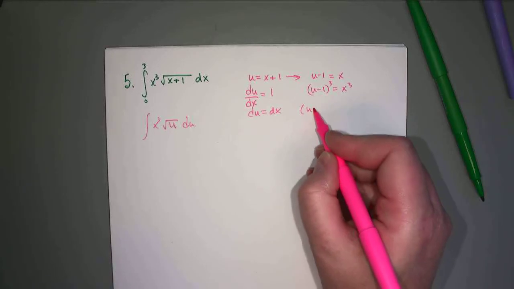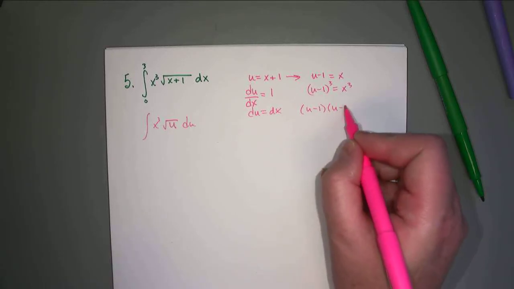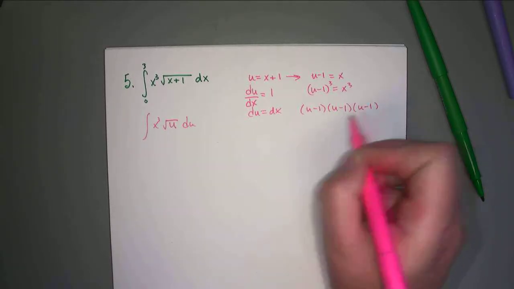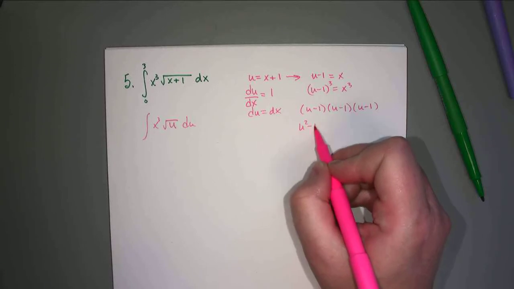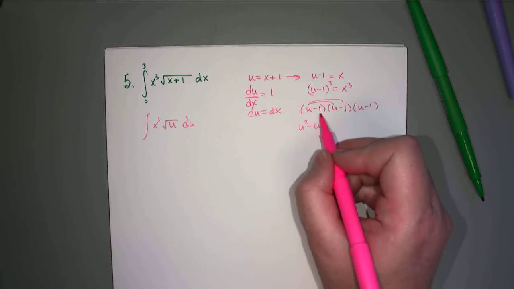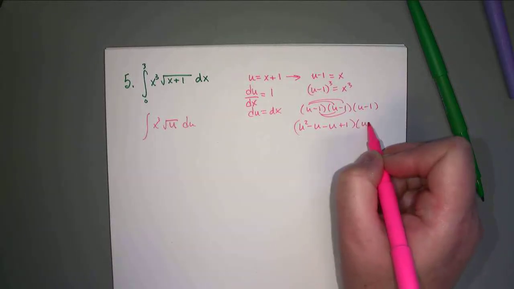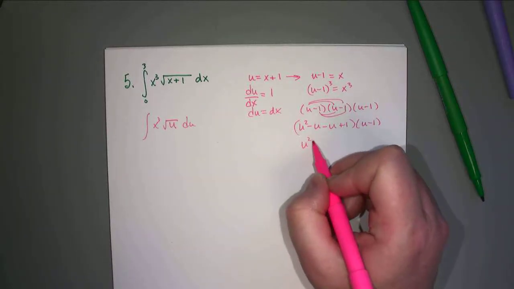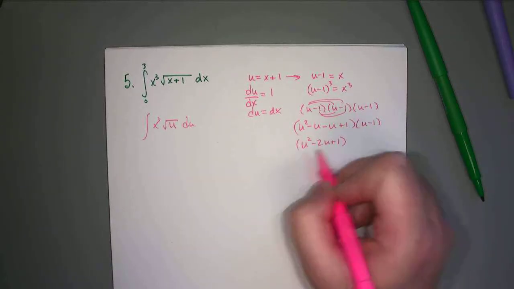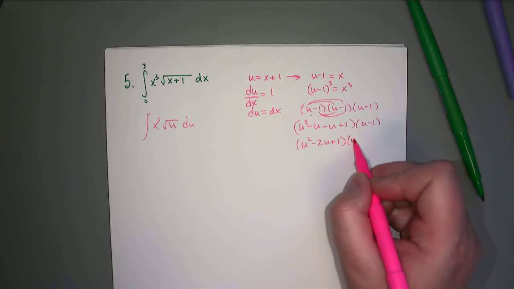So u minus 1 times u minus 1 times u minus 1. So this would be u squared minus 2u plus 1. That's these first two, times u minus 1.